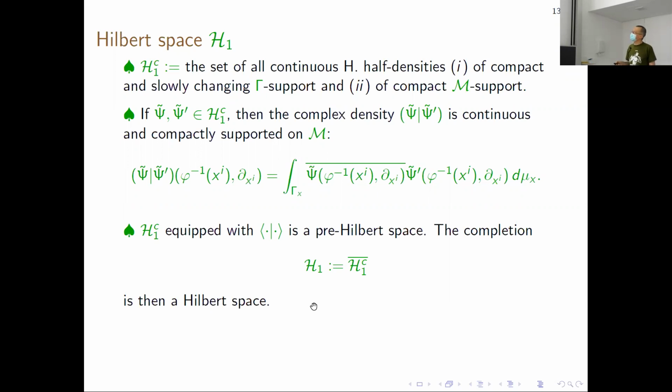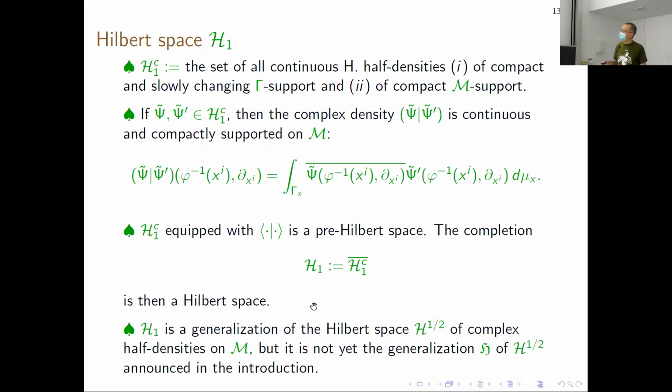So this linear space is equipped with an inner product and is a pre-Hilbert space. To get the Hilbert space, it is enough to complete this space with respect to the norm given by this inner product. So in this way, I obtain a Hilbert space, which will be denoted by H1.